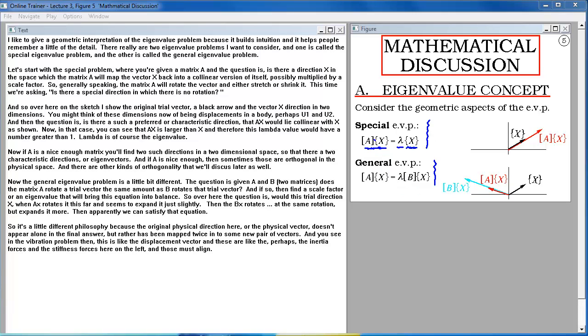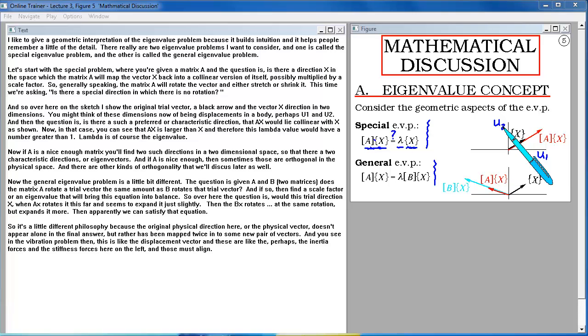This time we're asking, is there a special direction in which there is no rotation? And so over here on the sketch, I show the original trial vector, a black arrow, and the vector x direction in 2 dimensions. You might think of these dimensions now as being displacements in a body, perhaps u1 and u2.